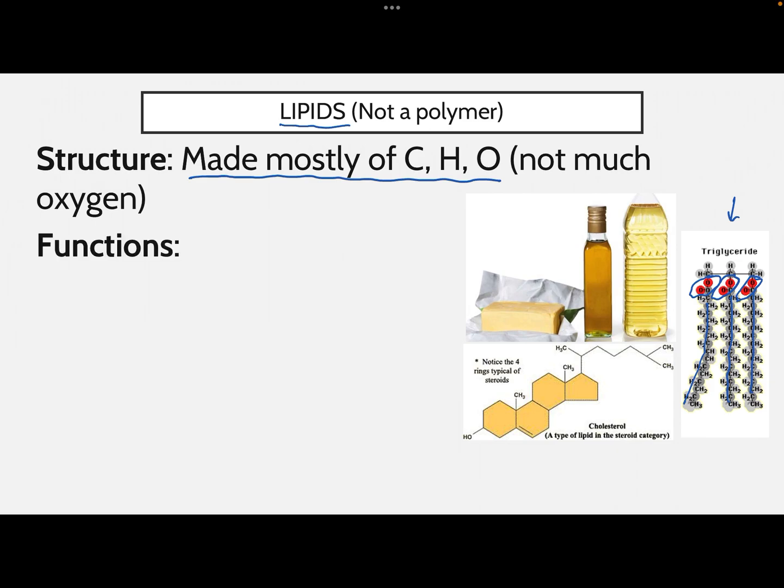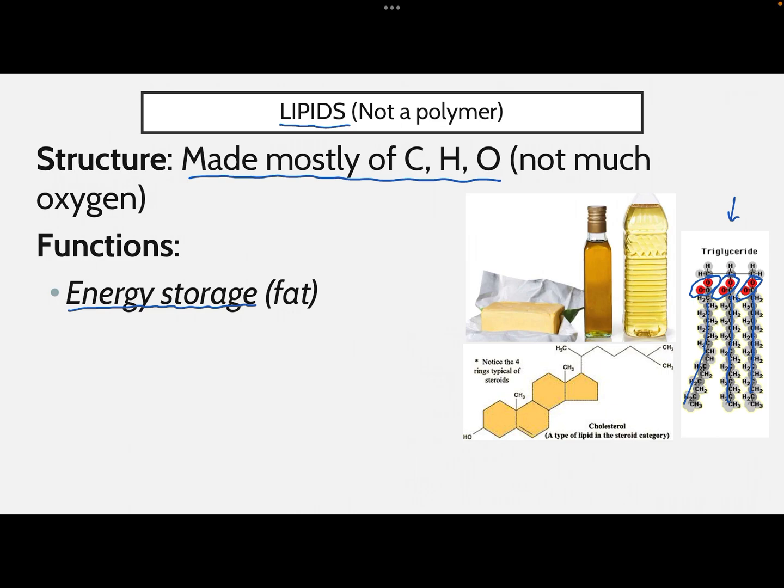The functions of lipids: like carbohydrates, they can be used for energy storage, but it's a really different kind of energy storage. Lipids are generally used for what we call long-term energy storage, energy that isn't going to be used right away.